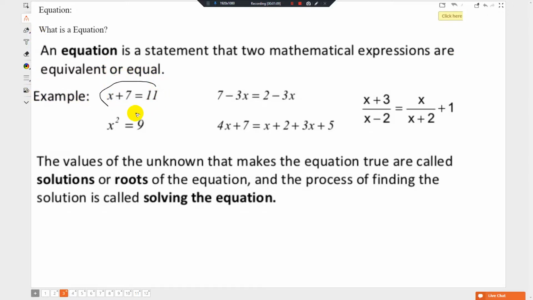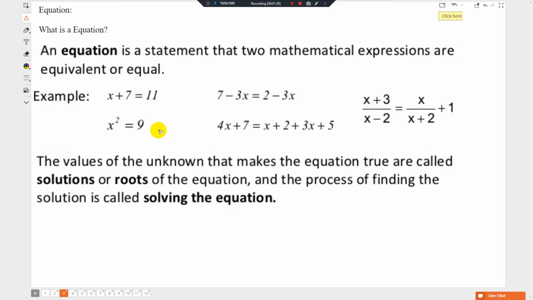Example, this. I told you in the last video about this equal to symbol. Just remember that that means that was an equation.